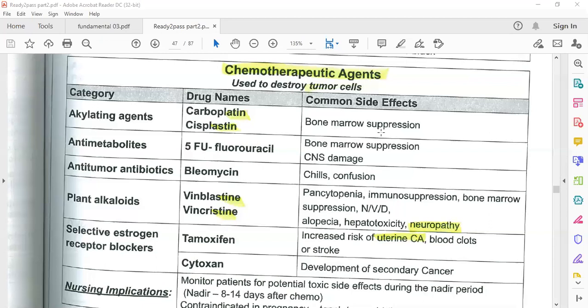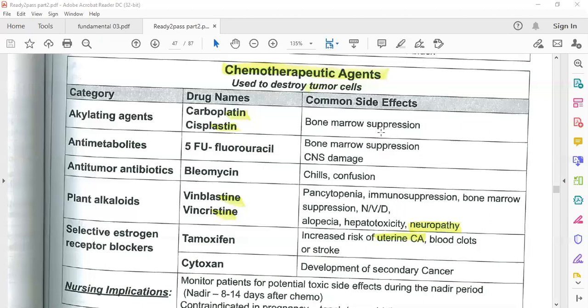If bone marrow does not produce enough white blood cells, infection is easily caught, and the patient comes to you with a fever. So if your patient takes chemotherapeutic agents and has a fever, it indicates bone marrow suppression, reduced white blood cells. When white blood cells, neutrophils, and macrophages go down, infection occurs easily. If the platelets go down, then bleeding occurs easily.